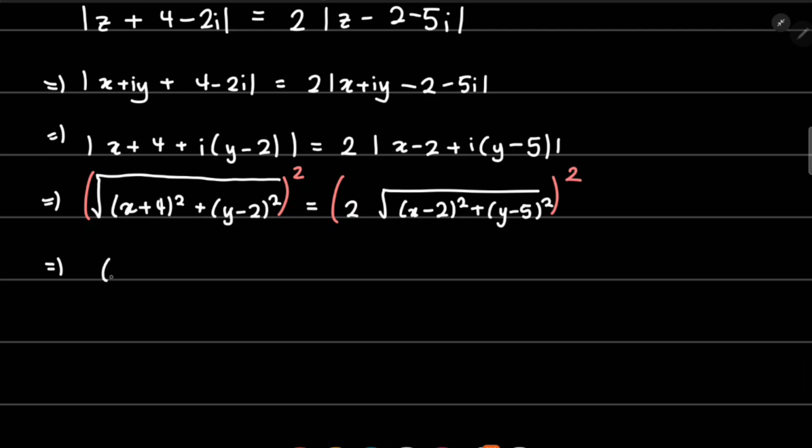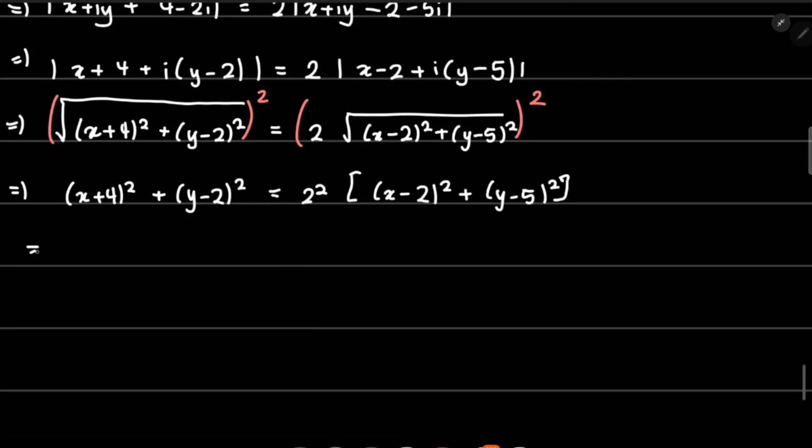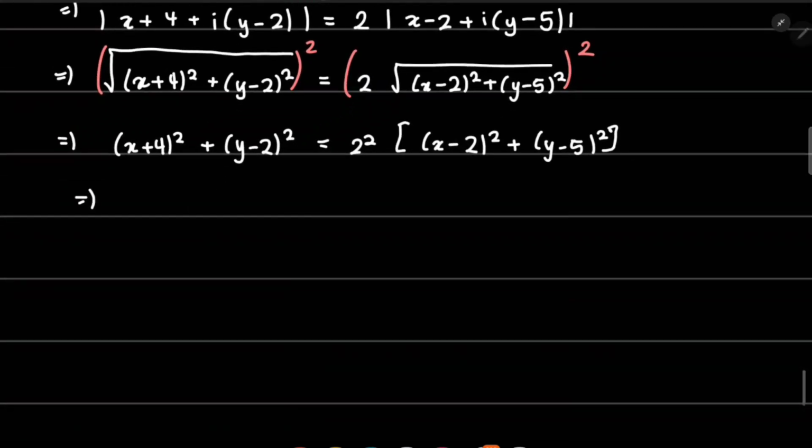If I do that, on the left I get (x + 4) squared plus (y - 2) squared, and on the right I get 2 squared multiplied by (x - 2) squared plus (y - 5) squared. Now I'll expand the squares.